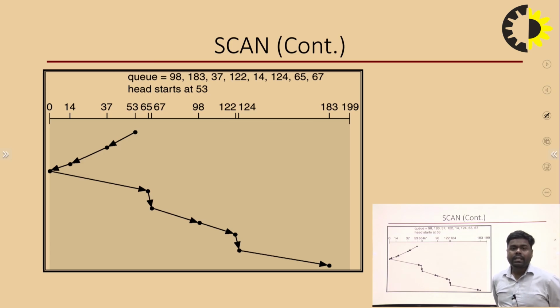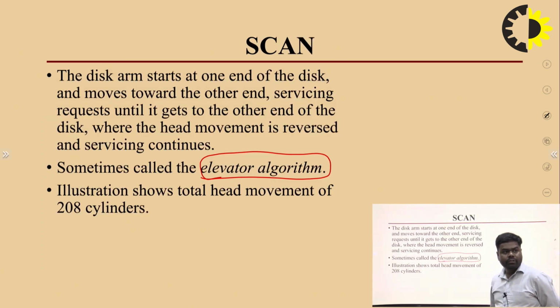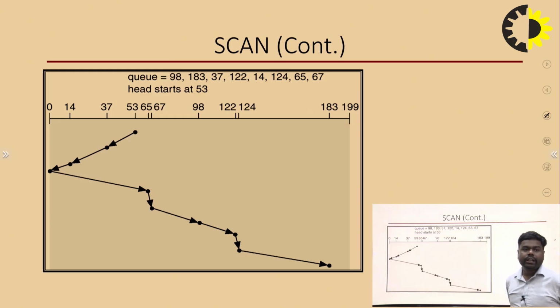As I have told you, it will start from one end, go to the other end, and after that go in the other direction. The head starts from 53. If we move toward the left end, the nearest to 53 is 37.